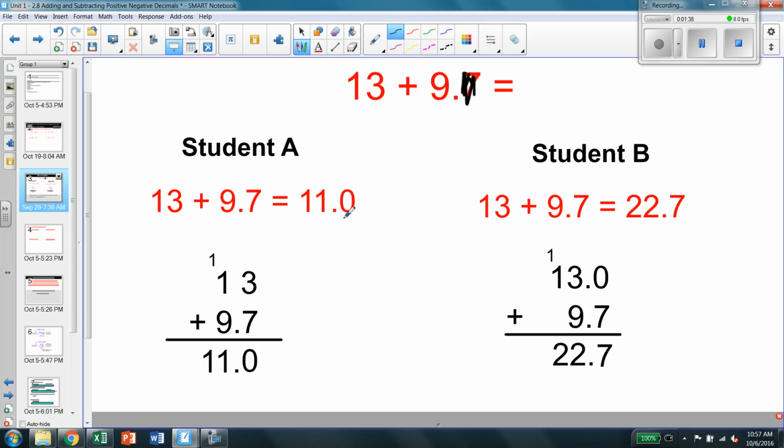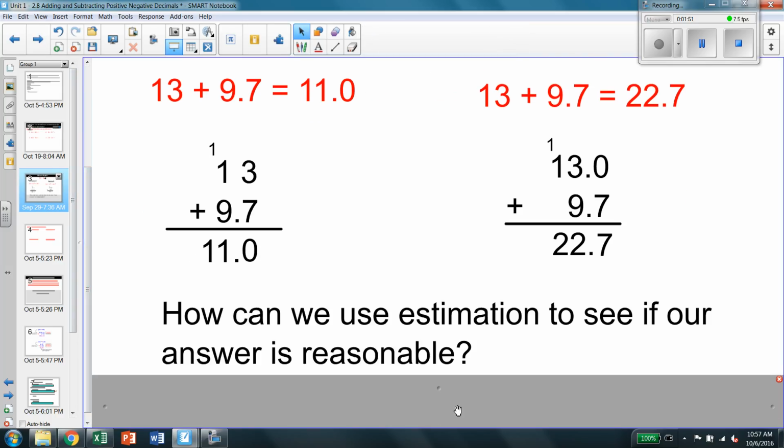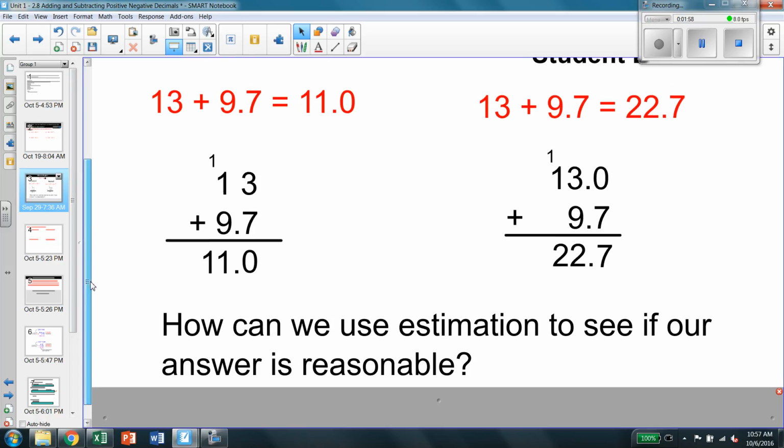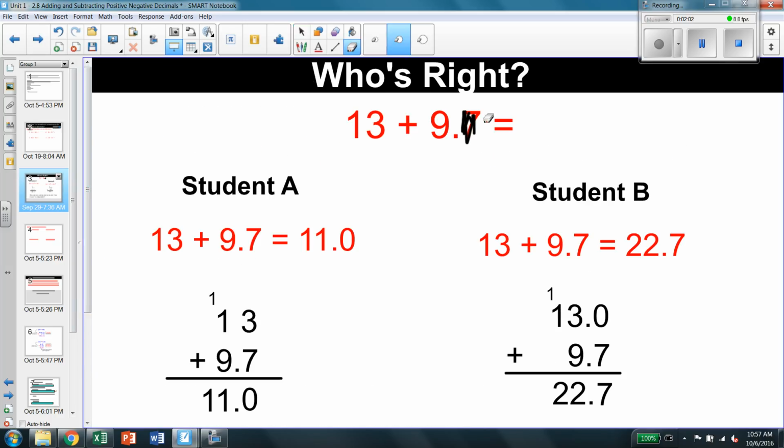And then over here, if you look, we have 13, or you can kind of think of it as $13, and then we add $9.70. How could you possibly get a smaller number than you started with? That doesn't make sense. So we talked about the importance of estimating and how we use estimation to check the reasonableness of our answers. 9.7 is very close to 10, and 13 plus 10 is 23.